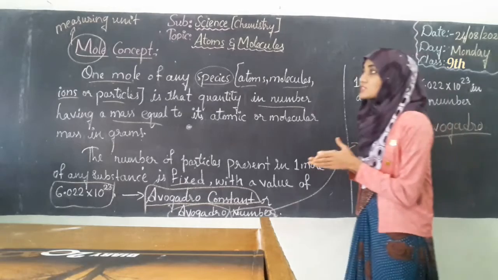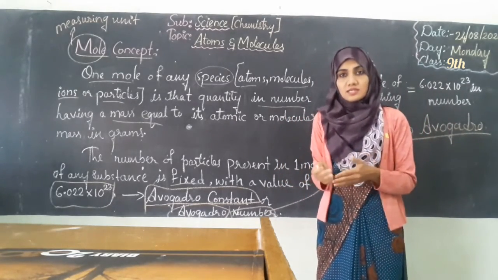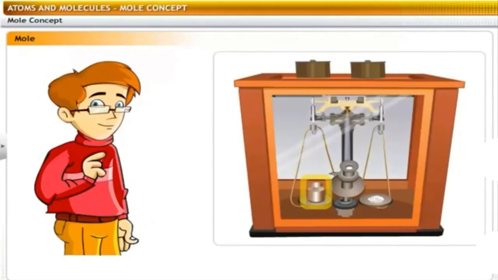We will study this molar concept more clearly and practically through this. Students, just place yourself in this video and relate to the concepts. 1 mole is defined as the amount of substance of a system which contains as many entities, like atoms, molecules, ions or particles, as in 12 gram of carbon-12.